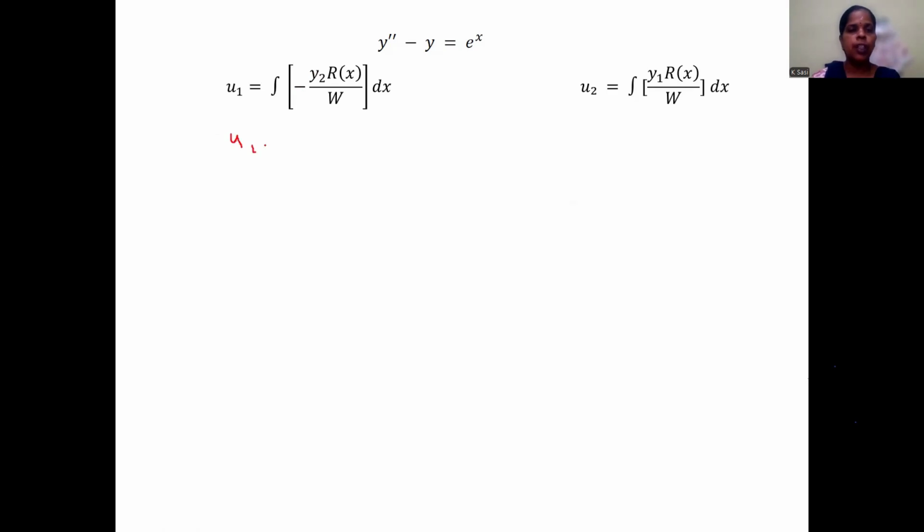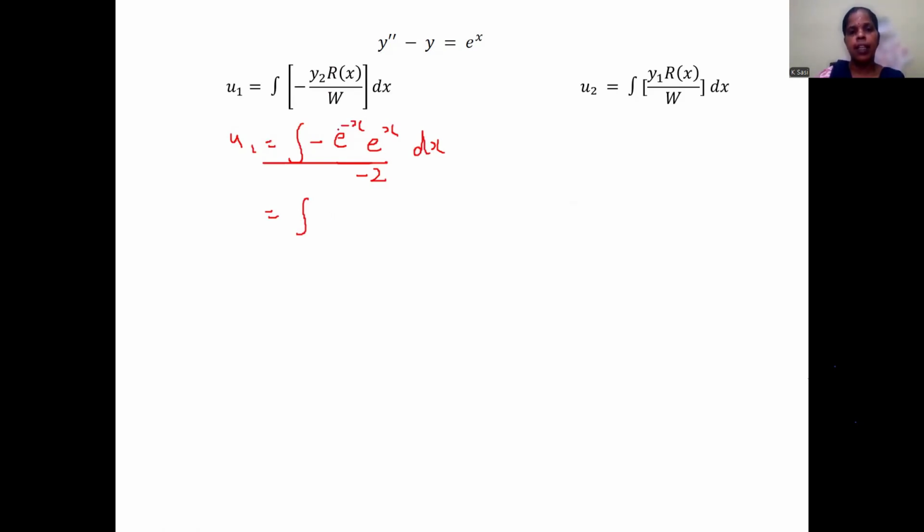So u1 is equal to integral of minus y2. y2 is nothing but e power minus x. Now we have that value. And r of x is nothing but the right hand side value, which is e power x. So we'll have e power x over the Wronskian value, which we got as minus 2, dx. So minus and minus get cancelled.